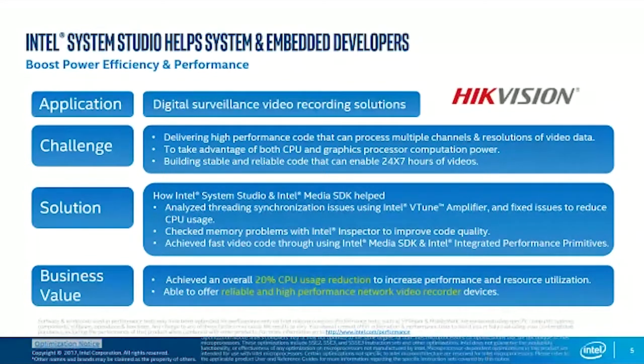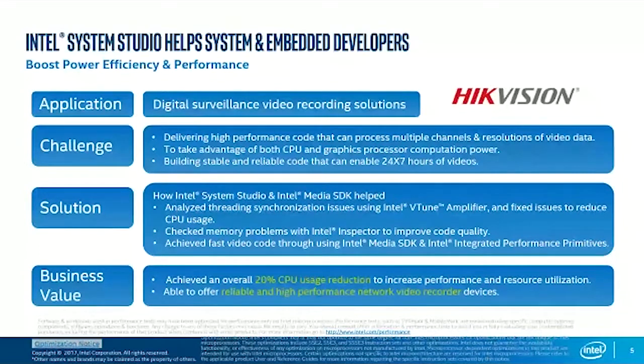So what solution was offered? That is System Studio and the Intel Media SDK. With System Studio and the Media SDK, they can analyze threading synchronization issues using VTune Amplifier. It's part of the System Studio. And fix issues to reduce CPU usage.